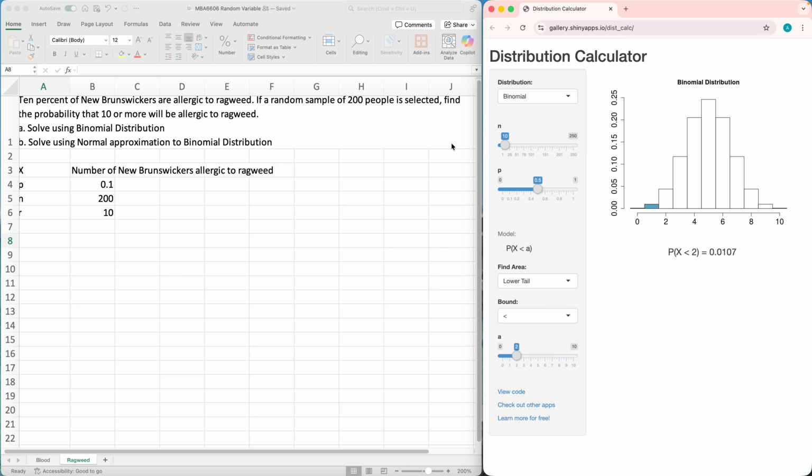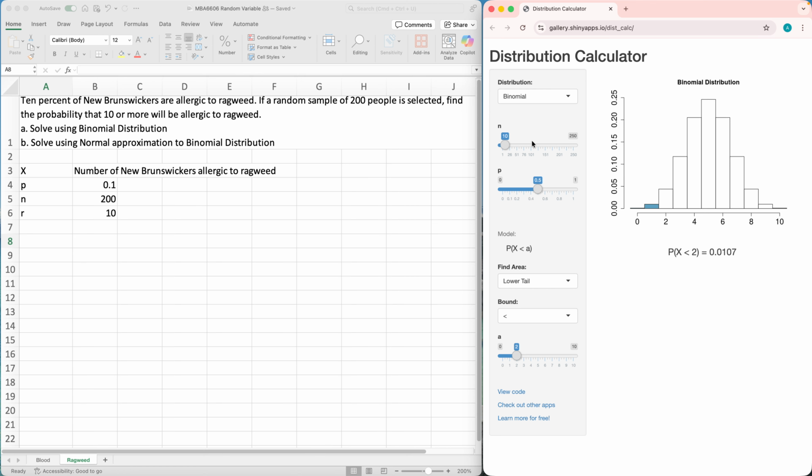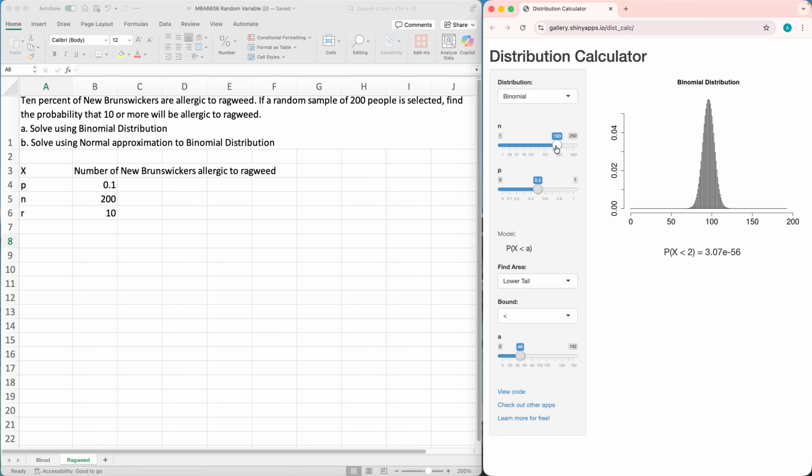We are talking about n of 200 and p of 0.1, and we want to calculate the probability of 10 or more.